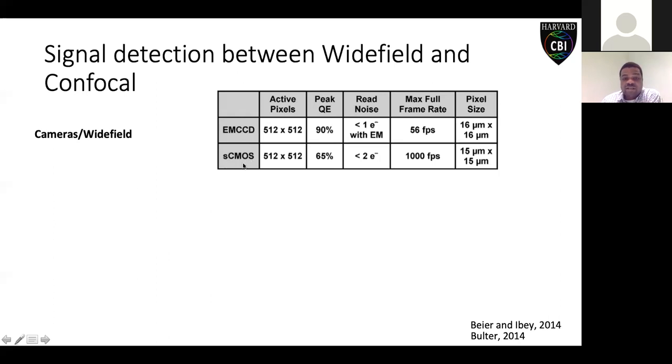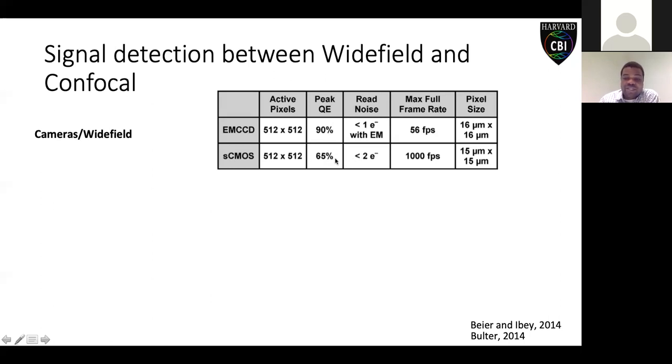Initially, the CMOS was barely used, and the major reason was that the quantum efficiency was low, even though they have a very good high frame rate. In terms of the EMCCD, they have a very high quantum efficiency. That means they are sensitive enough to detect a signal, but then the scanning was slower.